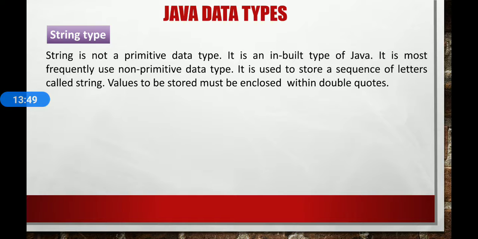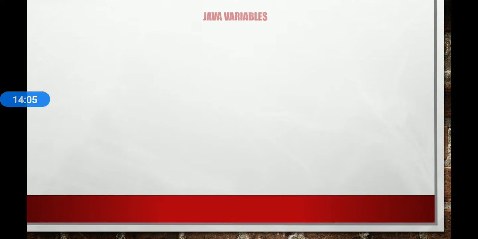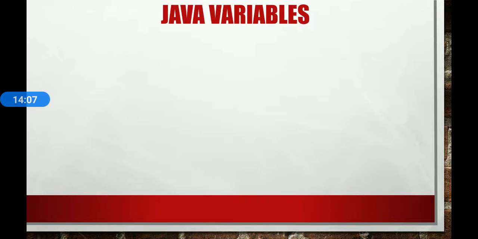Values to be stored must be enclosed within double quotes. For example, String student_name equal to Rashina. The value must be enclosed within double quotes. And note that the data type name begins with a capital S in String.